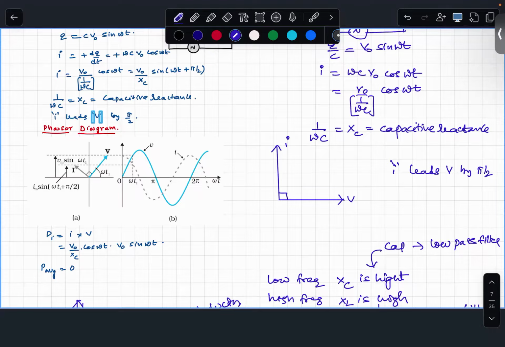In upcoming classes, suppose I want to filter fast changes in current. I just want to resist that. I'll use an inductor.